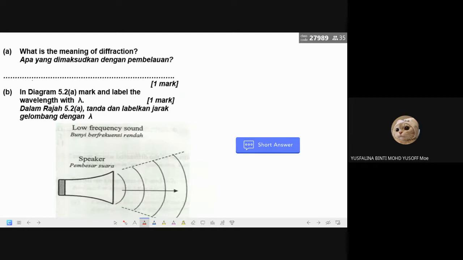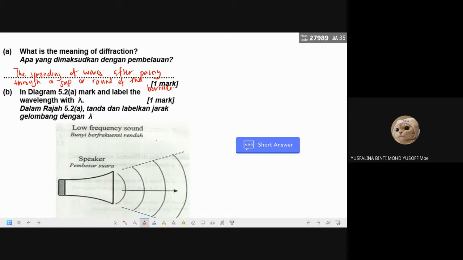Actually, it's the spreading of wave after passing through a gap or round a barrier. Okay, so that's the meaning of diffraction.